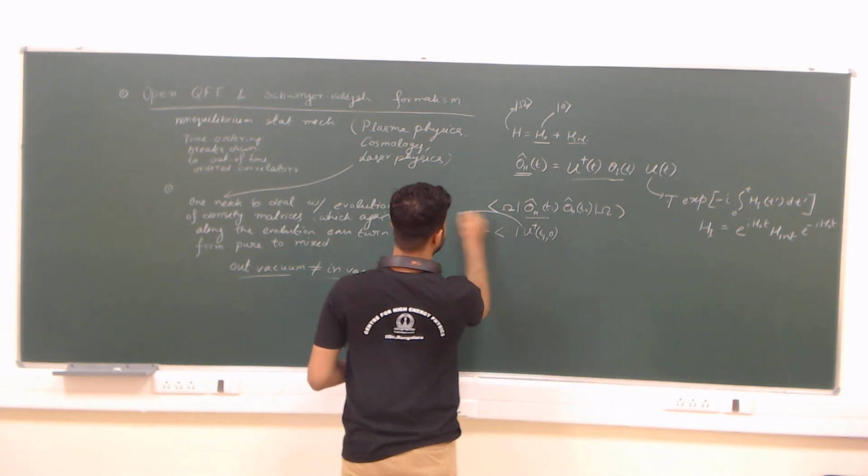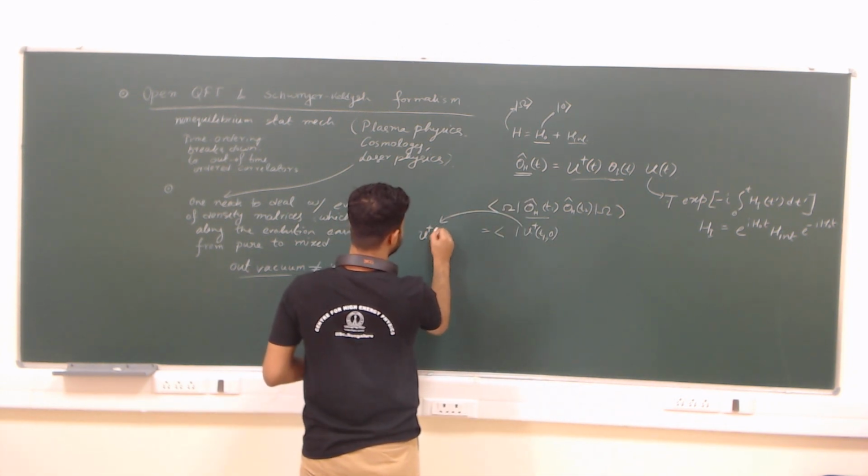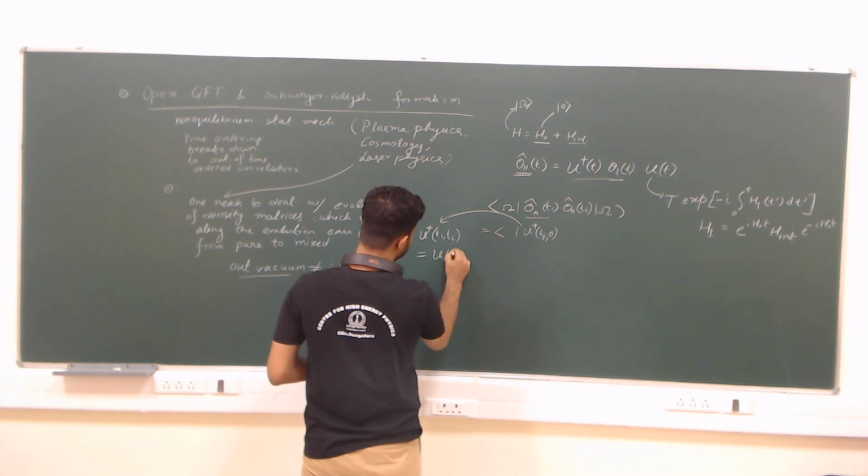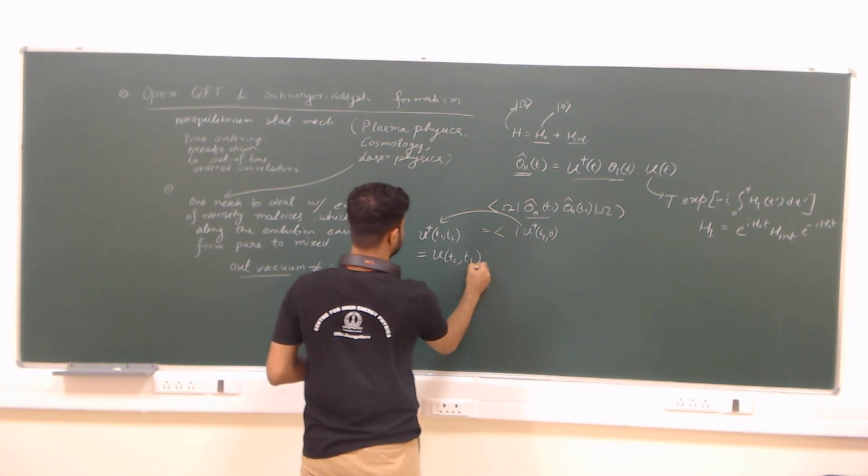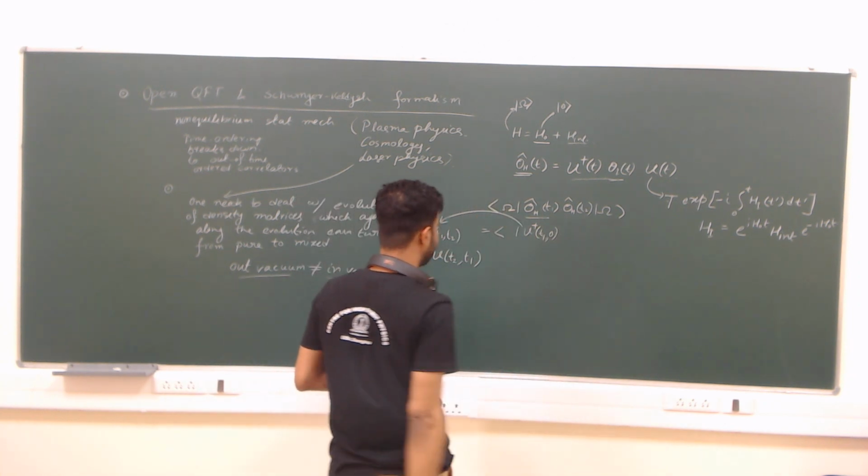Now remember this will also hold that U dagger(t1, t2) in general is equal to U, but there is just a difference of a minus sign.